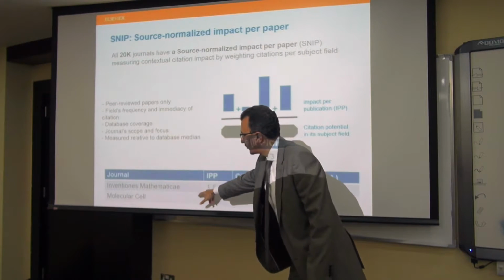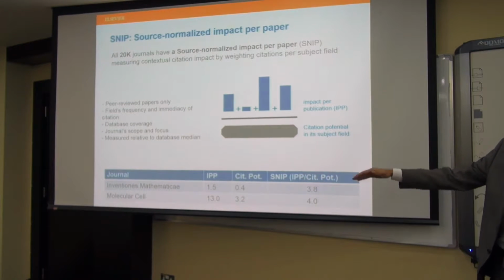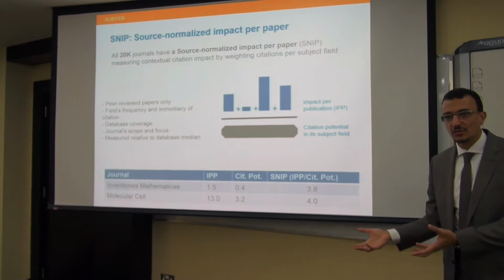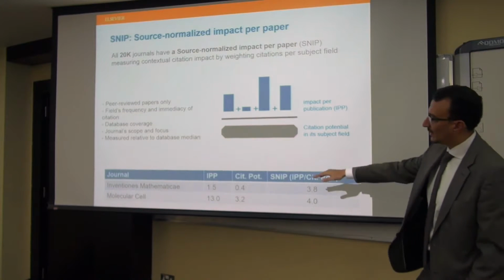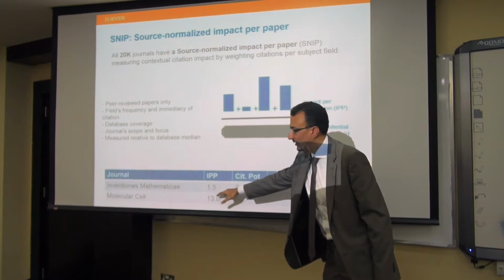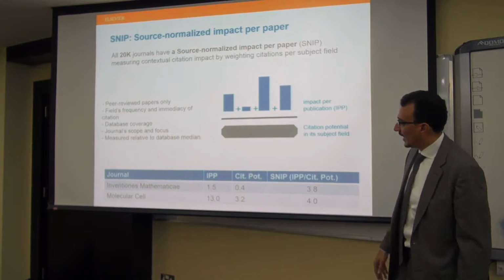For example, we have two journals here, in different subjects, different fields, and we know that citation depends on the field. In the social sciences, there are fewer citations than in the medical subjects, for example. So we can see here the IPP is 1.5. This is not normalized. This is the actual citation, and for this journal, it's 13.